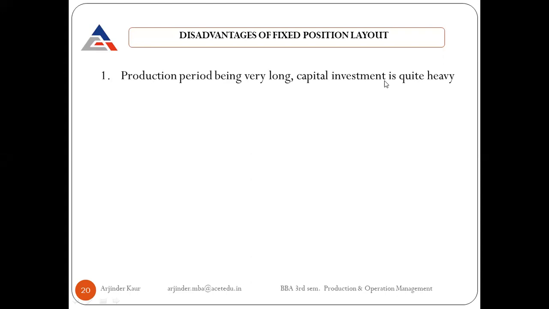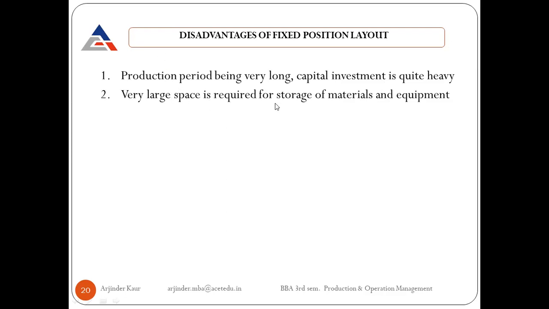So at the time of starting of the task, whatever we have anticipated in terms of the cost, the cost may increase many folds than that due to the uncertainty of factors involved. Very large space is required for storage of materials and equipments.